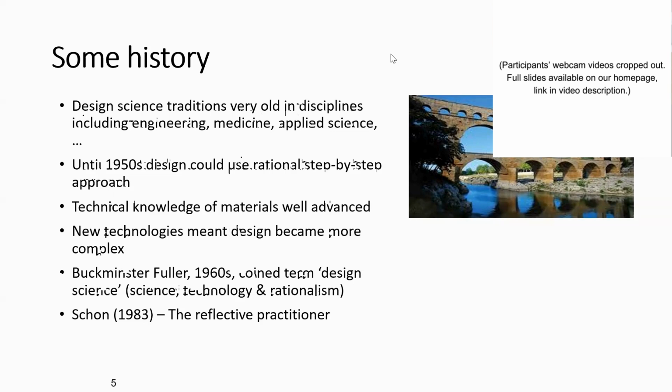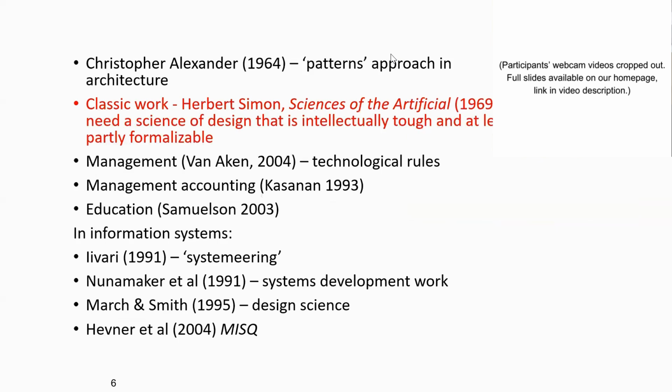And we did have work in other fields, such as Schön in 1983, who wrote about the reflective practitioner. A little bit more history. Christopher Alexander in architecture had what was called the patterns approach. But the main work in which you can usefully go back and reread this is Herbert Simon's Science of the Artificial.